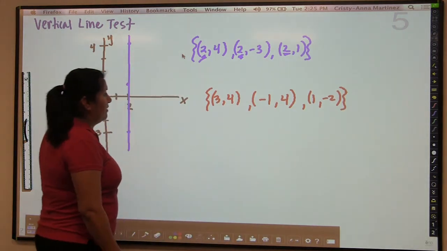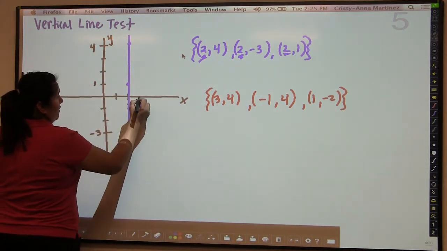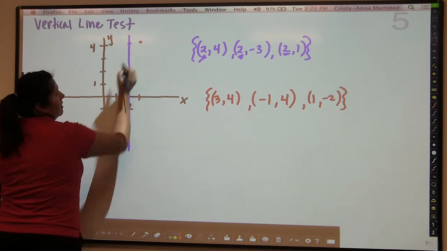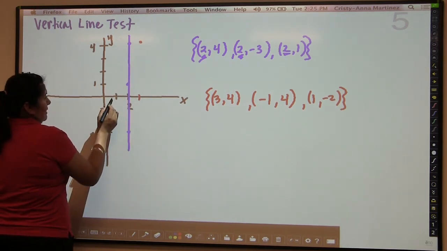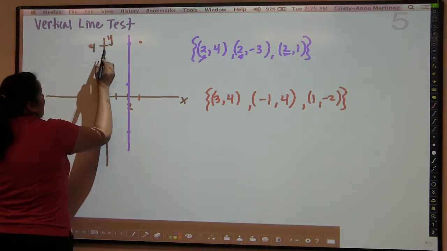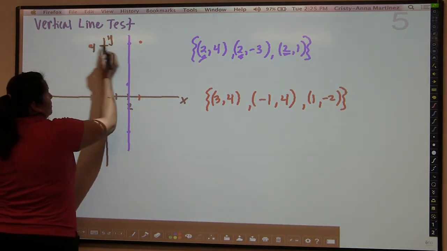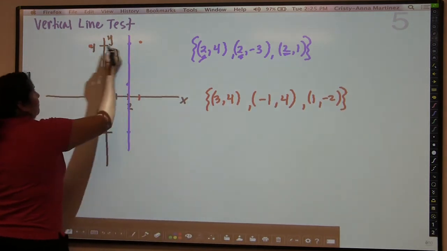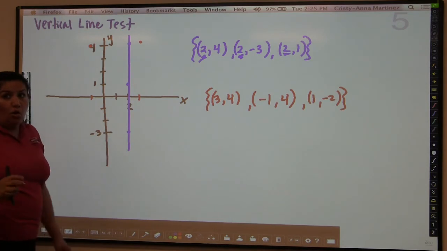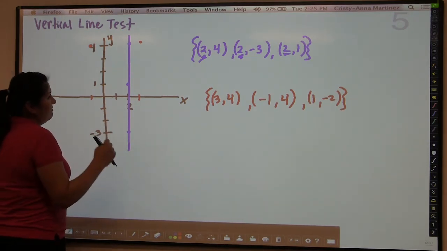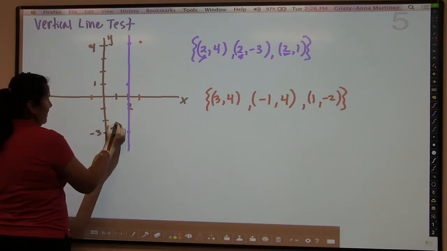So what happens if I graph those? 3 is right here, and 4 is way up there, and -1 is right here, and 4 is up there. That's a horizontal line. Those 2 points have the same y value, see the same y value? But that's a horizontal line. This is not the horizontal line test, this is the vertical line test, okay? So that's totally fine. And the last point is 1, -2.